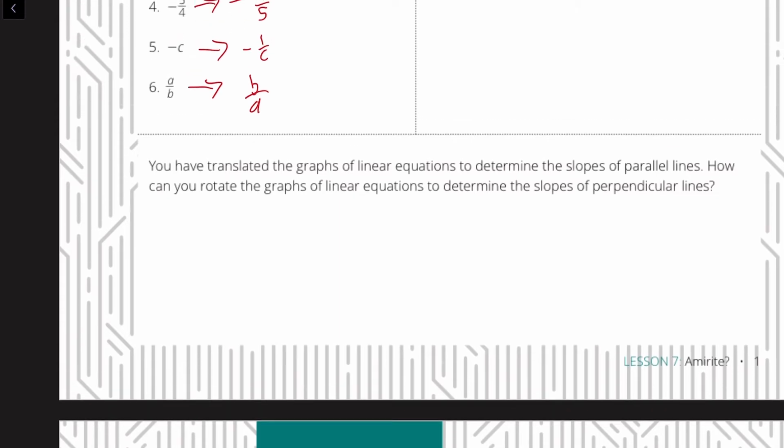Hopefully at some point in the past you've learned about parallel lines. Parallel lines are when two lines are going at the same angle. Which also means if they're going at the same angle, then they have the same steepness.